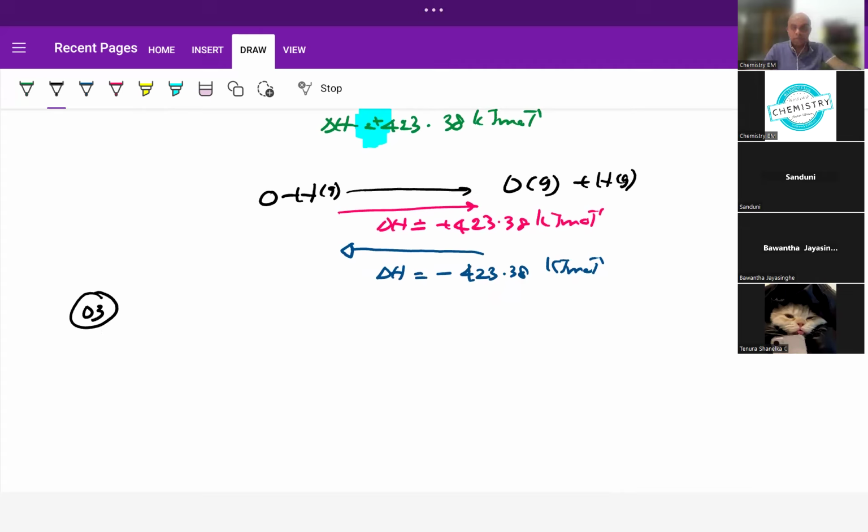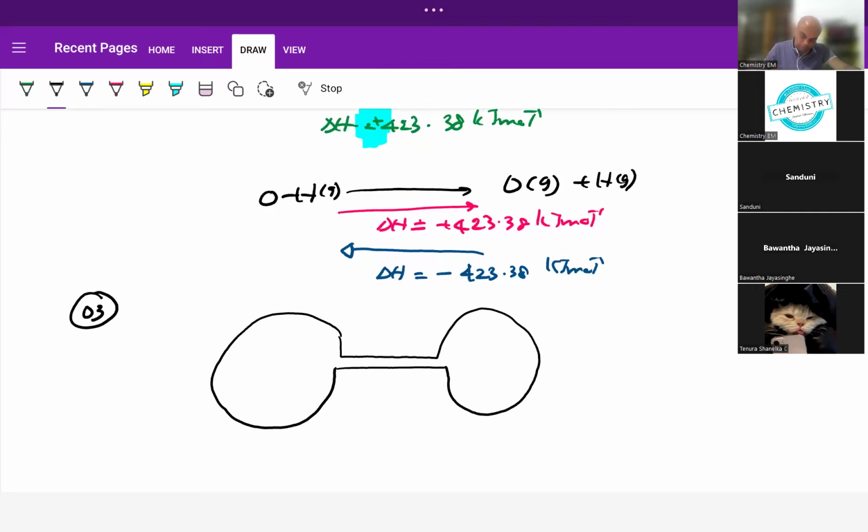Consider the below system. Then draw this diagram actually. There is a trap here. This is H2. This is helium. 1.5 cubic meters, this volume.